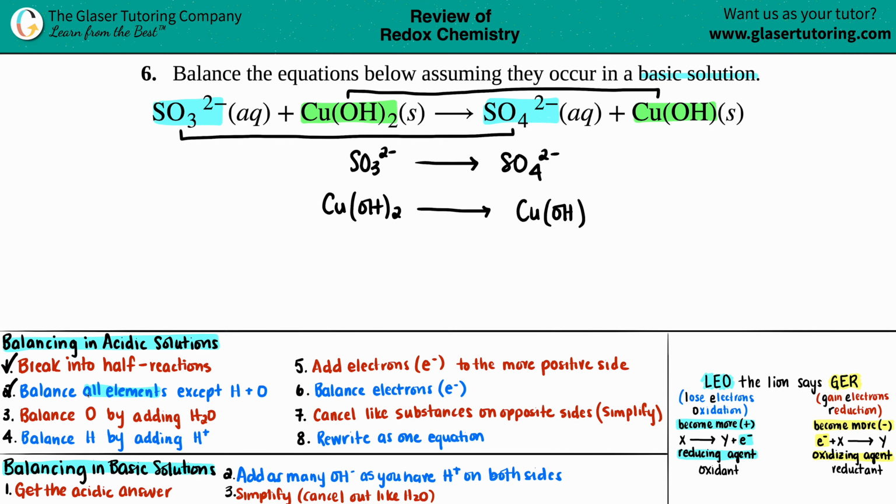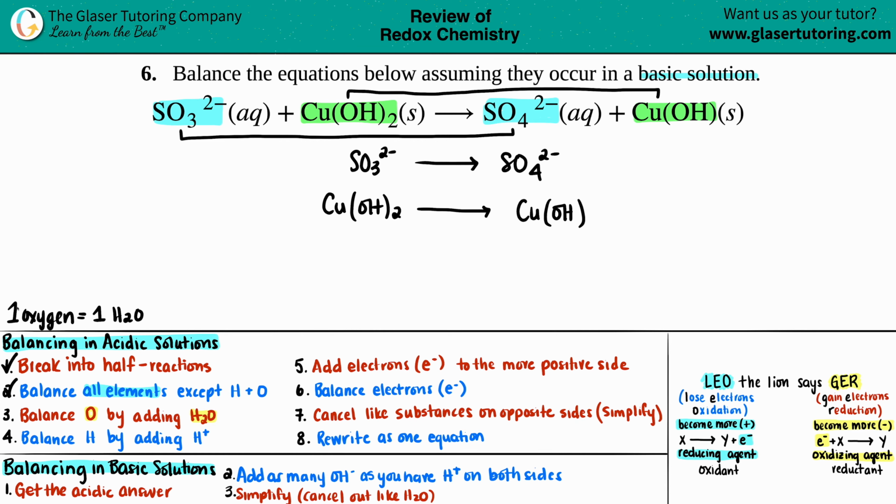Step 3 says we are going to balance oxygen by adding H2O. Notice it's always oxygen and then comes hydrogen. The rule here is that if you need 1 oxygen on one side, you add 1 H2O.